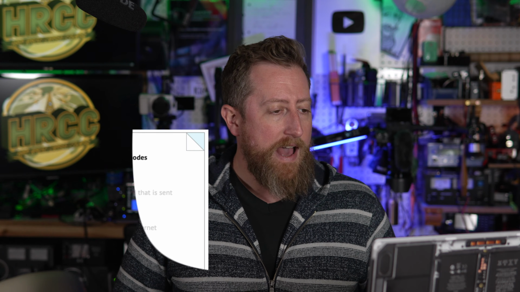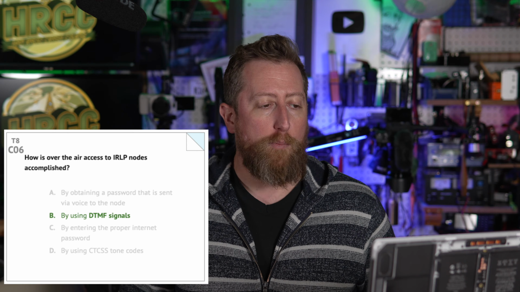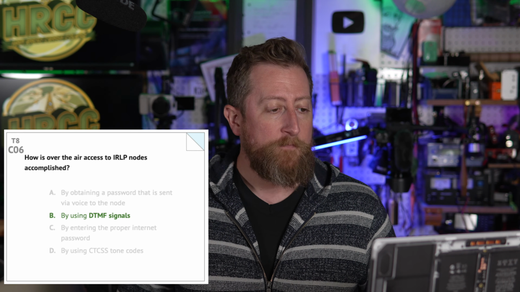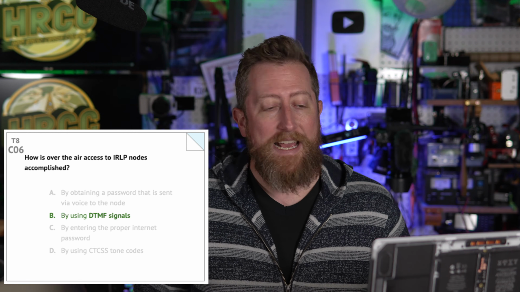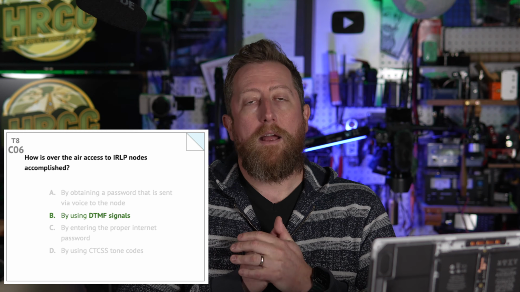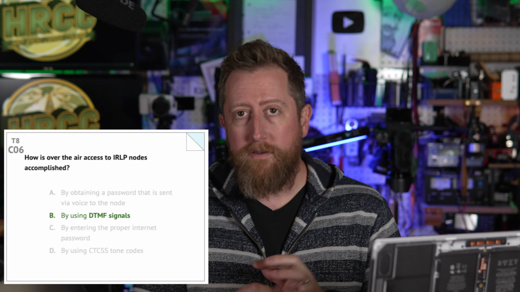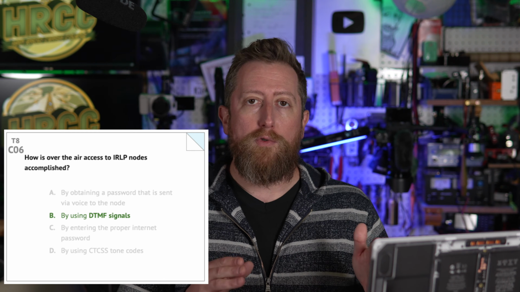Charlie 06, how is over-the-air access to IRLP nodes accomplished? And the answer is B, by using DTMF signals. Those are acronyms. IRLP is Internet Radio Linking Project, and DTMF is Dual Tone Multi-Frequency.